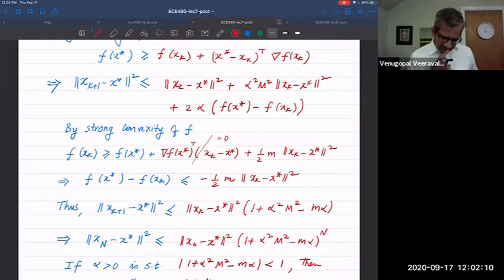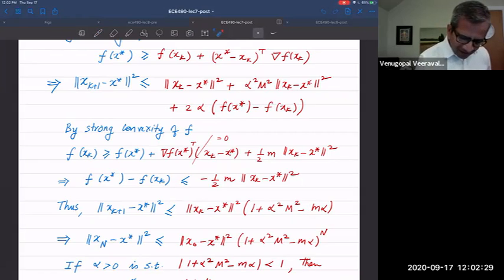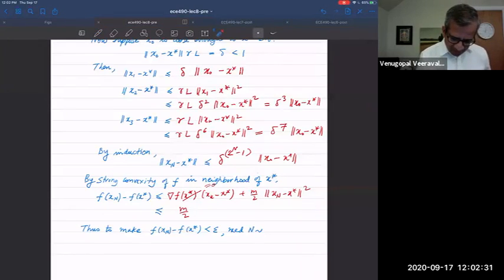It's going the other way around. I'm doing xk in terms of x star, so that's the strong convexity that I'm using. Sorry, got a little confused there. So this actually follows from strong convexity.